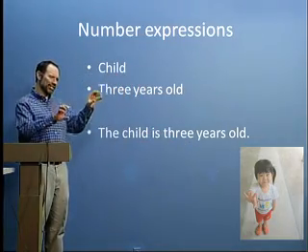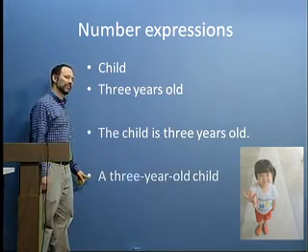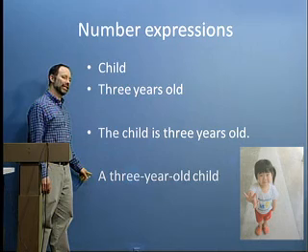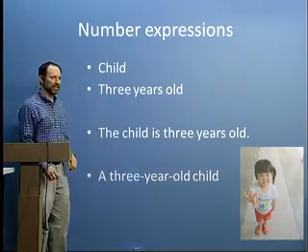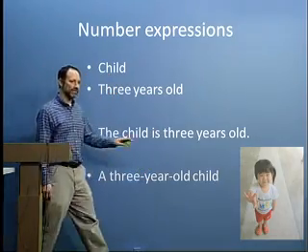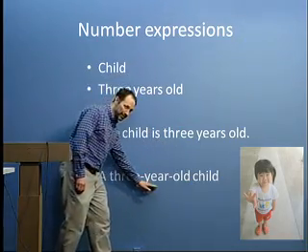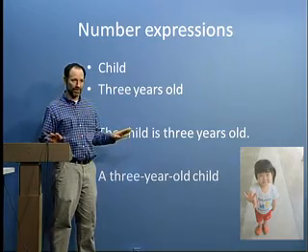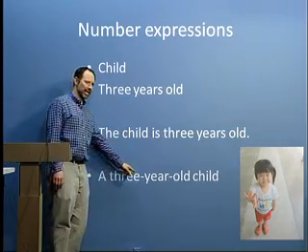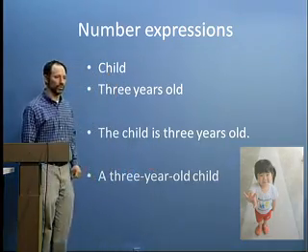But if I change things around, I could talk about how I have a "3-year-old child." Notice that the S on year is gone, because when I have this noun child and this adjective expression 3-year-old before it, I do not have the S on year. Notice also I have a hyphen between 3 and year and between year and old.